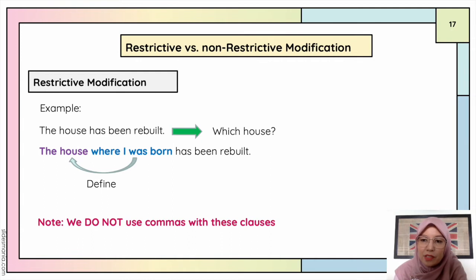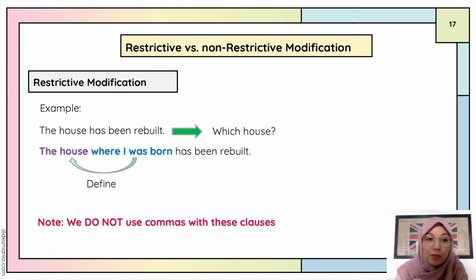Restrictive modification contains information that is necessary to the meaning of the sentence. Without it, the sentence would have a very different meaning. The restrictive modification helps us to identify or define the noun phrase which is modified. Take a look at the example on the screen.